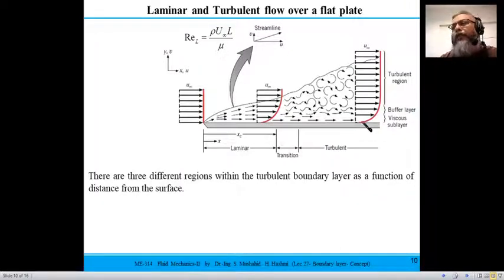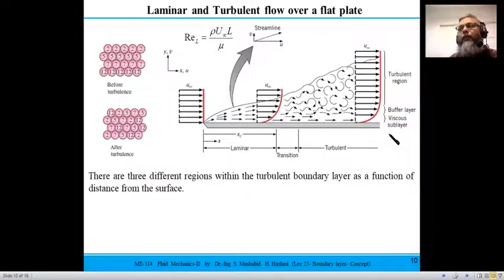In that very thin region close to the wall, called the viscous sublayer, the flow is still laminar. Then you have a buffer region, where some transition takes place at this vertical distance, and then you have a fully turbulent core. So the main core is turbulent, but very close to the wall these layers are called viscous sublayer, buffer layer, and turbulent layer.